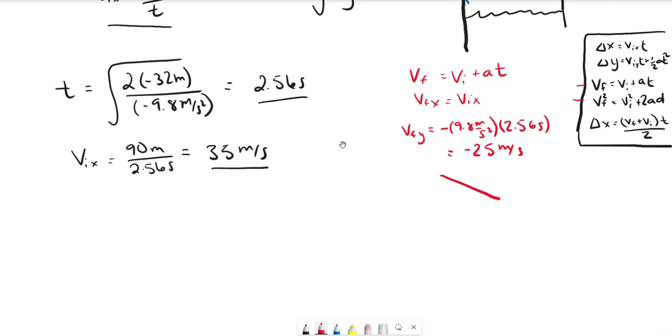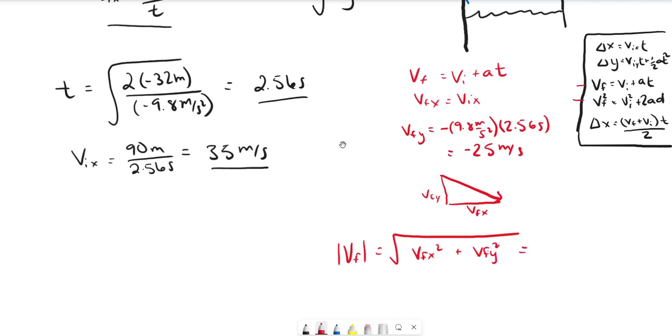So our velocity vector looked like this. We have our x and y components, v final x and v final y. So all we need to do is use the Pythagorean theorem to find the magnitude, which is the hypotenuse of this triangle. So the magnitude of v final is just going to be the square root of v final x squared plus v final y squared.